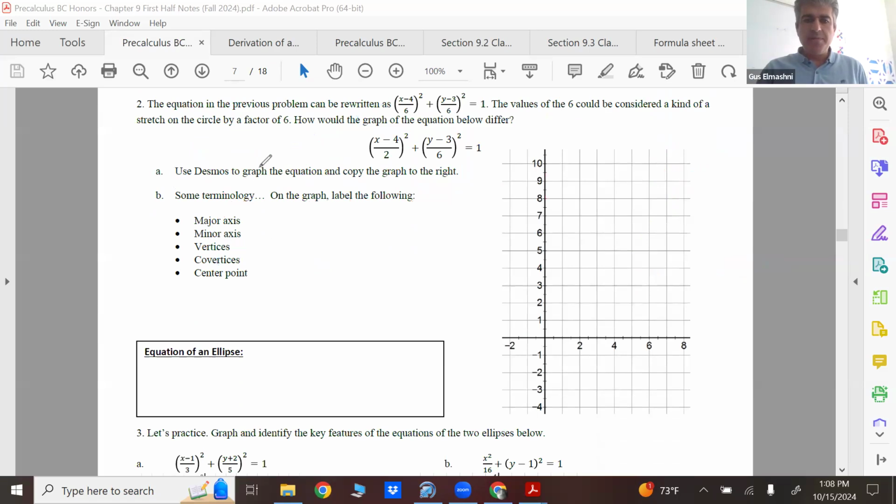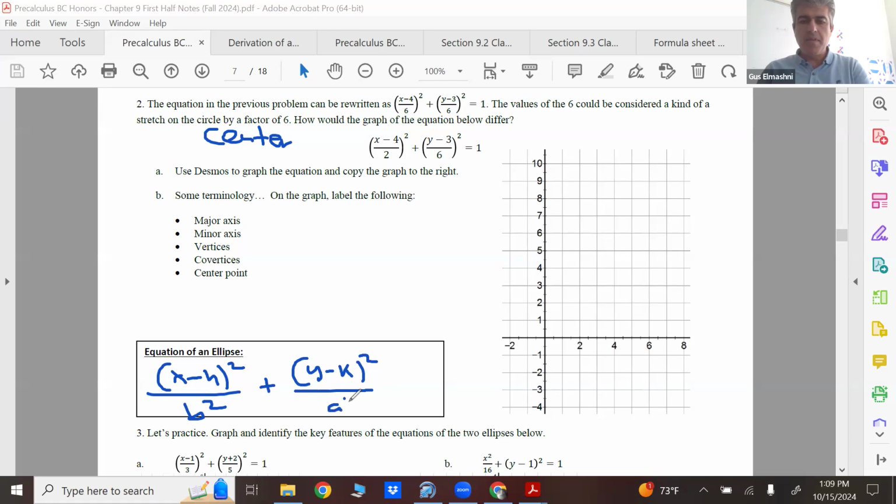So where's my center? Yeah, it's the same kind of thing. It's going to be (x minus h) squared, just so you know, over a squared. Actually, I'm going to reverse it and call it b squared, where a is always bigger than b.